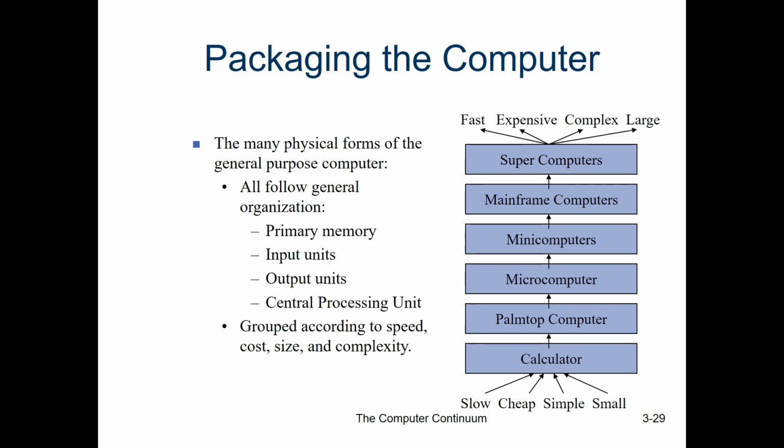They all have primary memory, input, output, a central processing unit, and secondary memory, hard storage devices, and they are grouped according to speed, size and complexity, as you can see in the diagram.